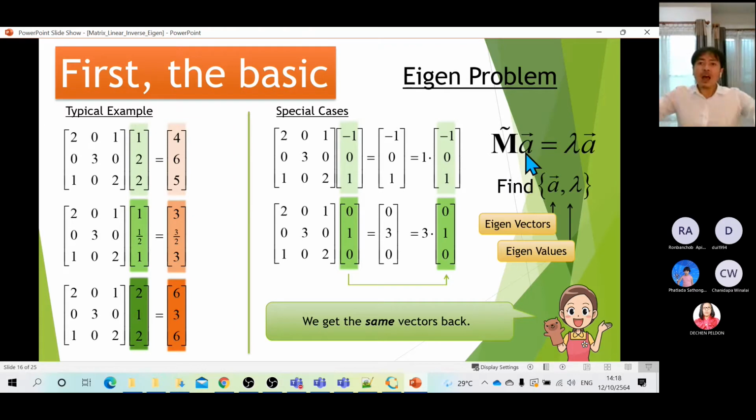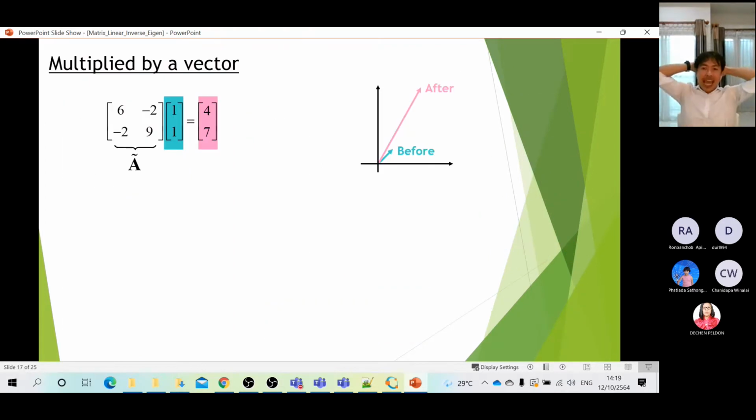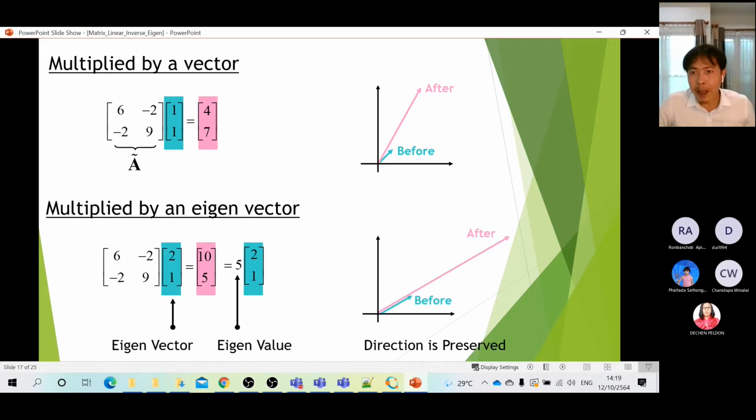Another aspect of this eigen problem is that if you look at the vector in terms of direction, suppose I have a 2 by 2 matrix A, and I multiply it by the vector 1, 1. I get back another vector, 4, 7. If you look at the direction before and after, you have two different pointing vectors.